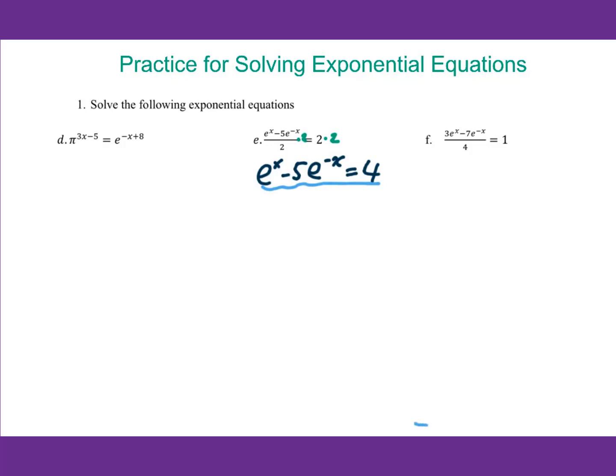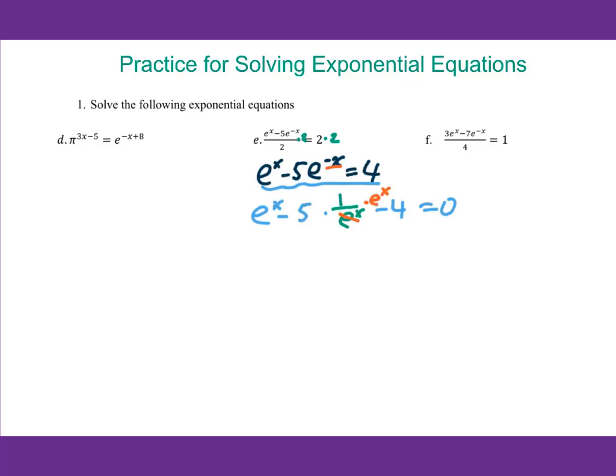So set it equal to 0: e to the x power minus 5 times, negative exponents you turn into positive exponents, 1 over e to the x power, minus 4 equals 0.